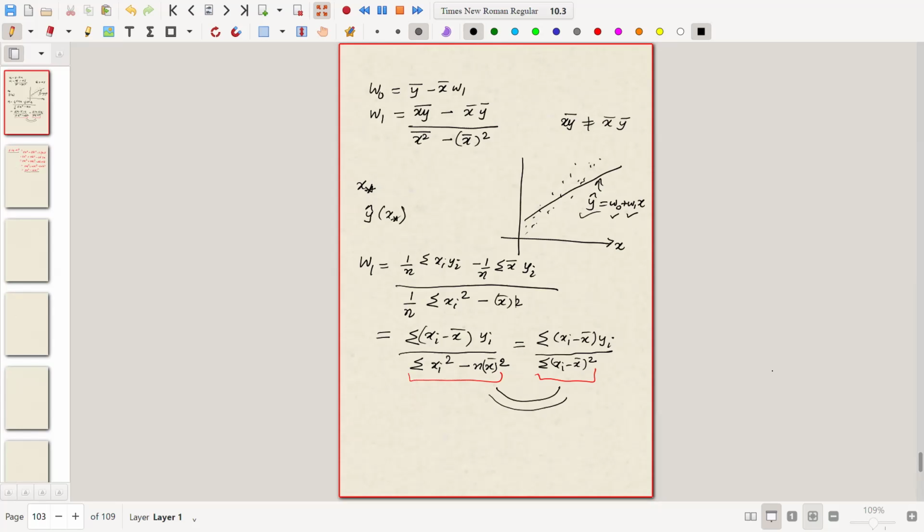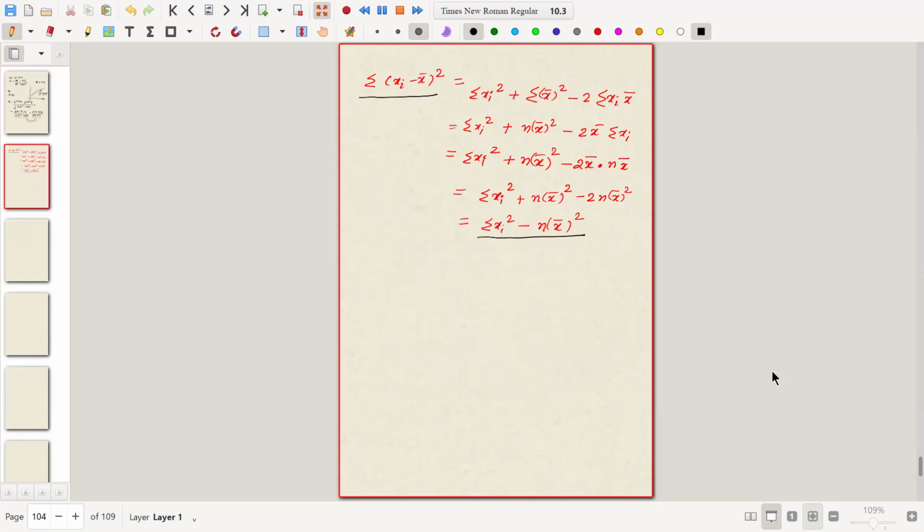Any issues? Shall I explain again? I wrote this quantity as this, but how can I write this? Then I showed that it is indeed true through this mechanism.